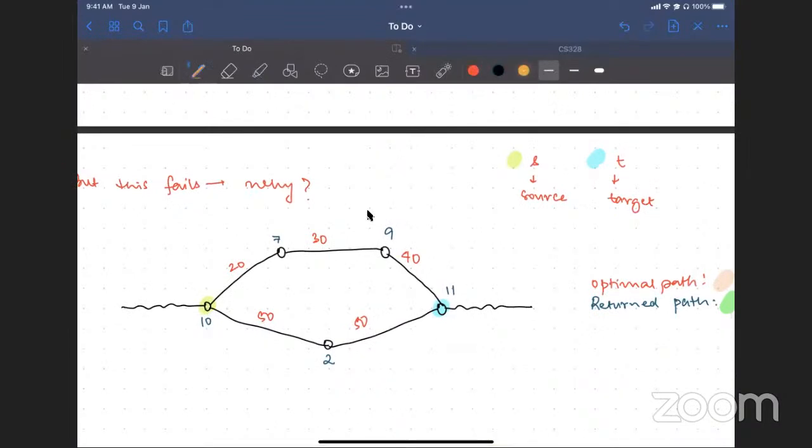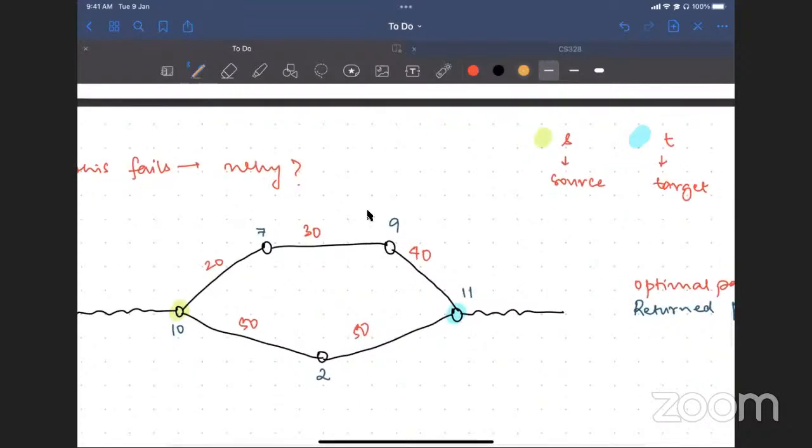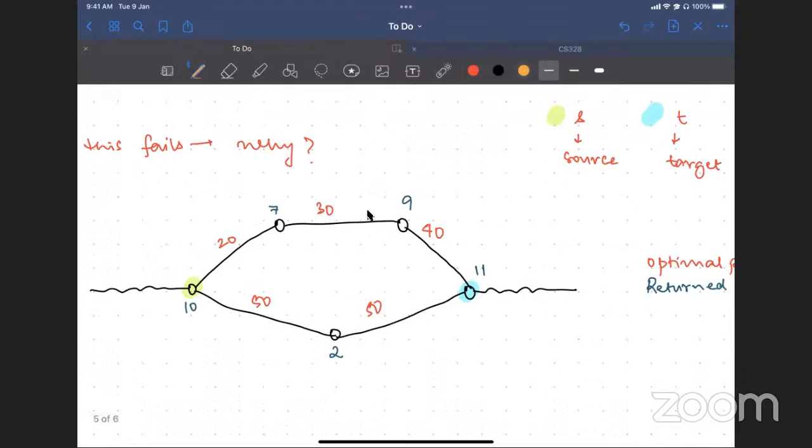If I run Dijkstra's algorithm, I'll just consider the edge weights. First, what would be the optimal answer? Can anyone tell me the optimal cost of traversing from S to T? 600. How? From the node labeled 10 to 2, that cost is 500, and from 2 to 11, that is 2 into 50, that's 100.